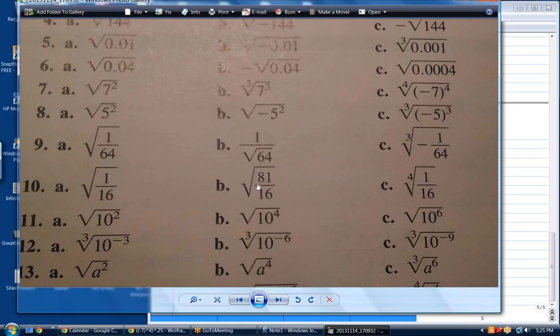What is 10b, the square root of 81 over 16? Just 9/4. What's 10c? What's the fourth root of 1/16? It's really the square root of 81 over the square root of 16.